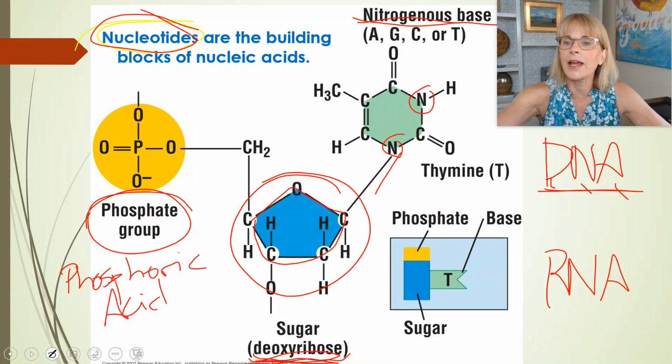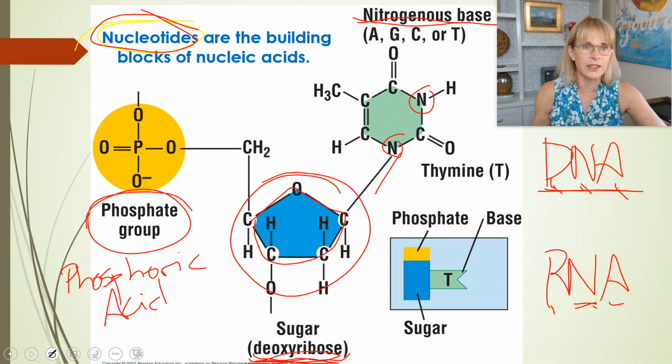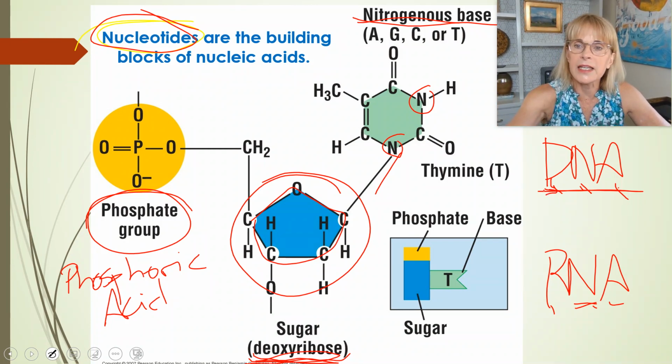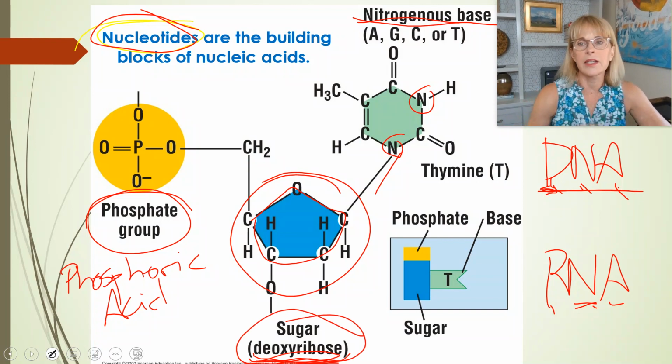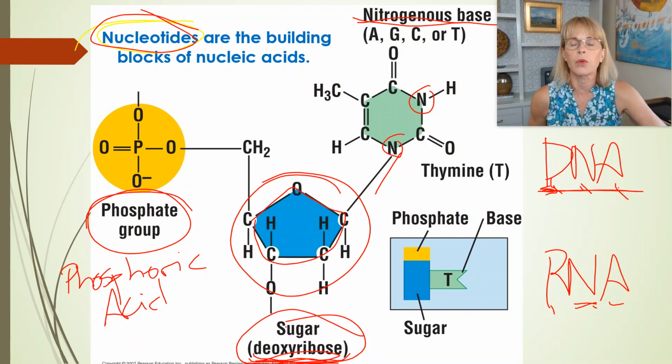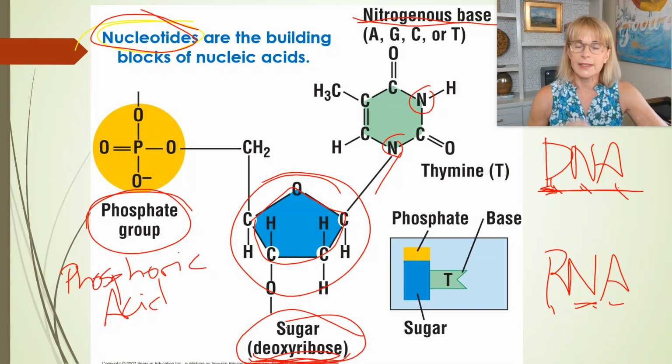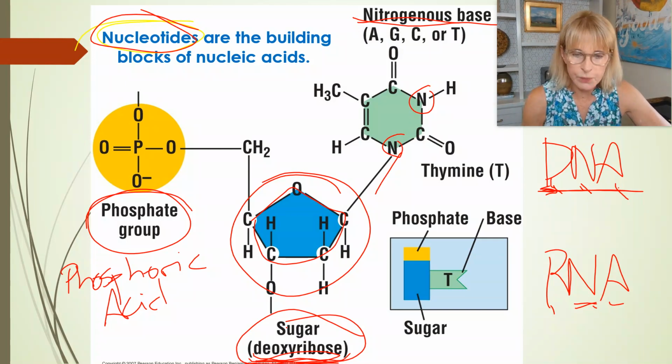So two kinds of nucleic acids, DNA and RNA. And now you know the N and the A stand for nucleic acid. And the D in DNA stands for deoxyribose. Actually, it stands for deoxyribo because they make it one word, okay? Deoxyribonucleic acid.